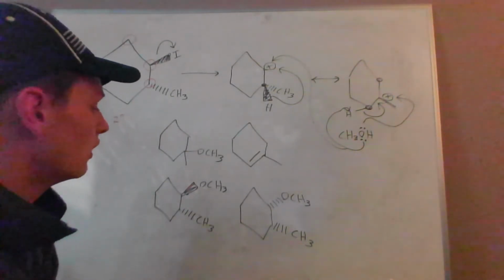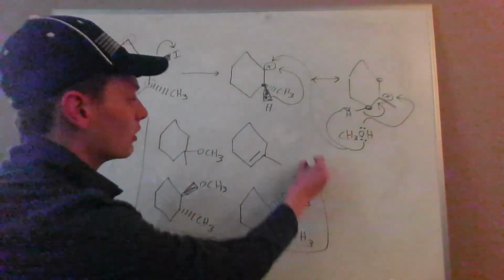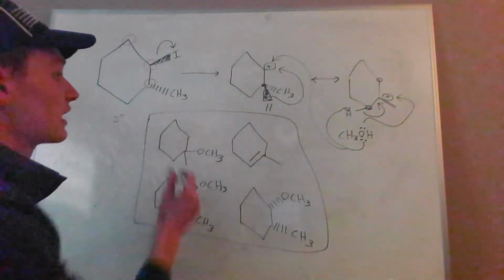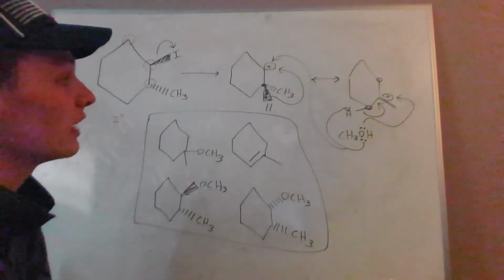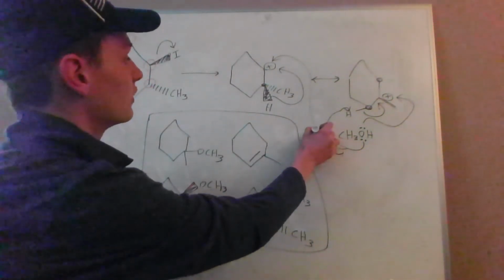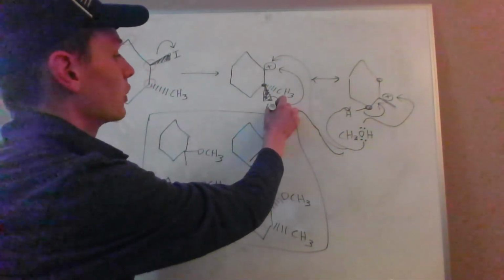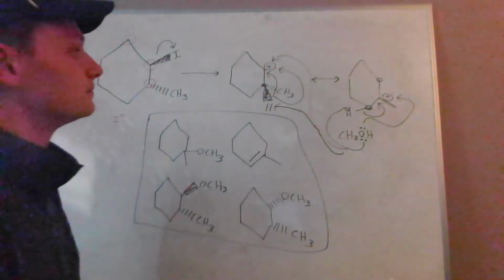Now, these, I would say, are your four main products. Now, you might be asking, well, Michael, why didn't you do the E1 reaction mechanism for your secondary carbocation? The reason I didn't do that is that if you pull off this proton here, you would end up forming that double bond in there.